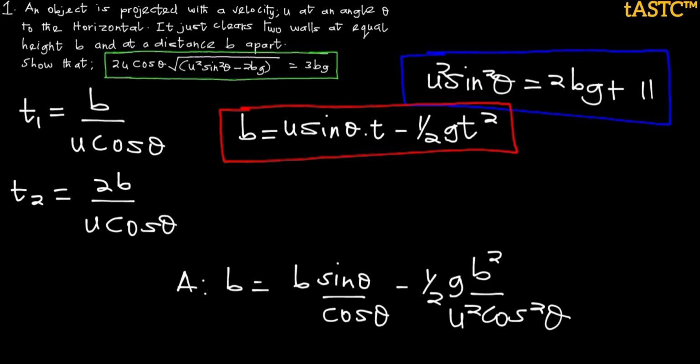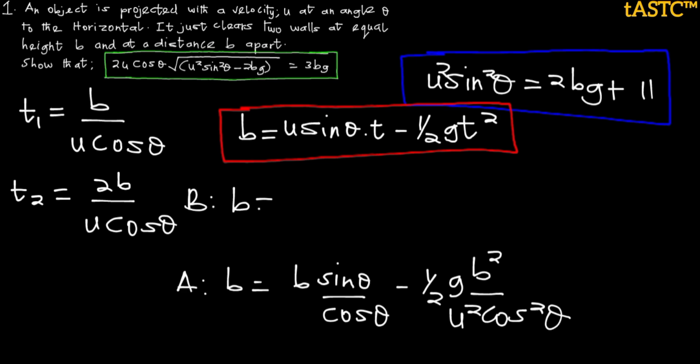Now secondly, we're going to use T2. That is the time that is taken to reach the second wall, which we said that should be T2 equal to 2b divided by u cos theta. Always feel free to rewind the video and try to go back to any point which you do not really understand so well. So let us try to find that one. That will be b.